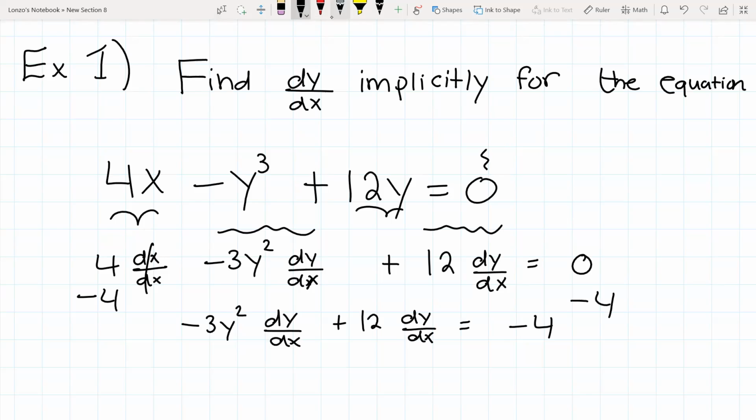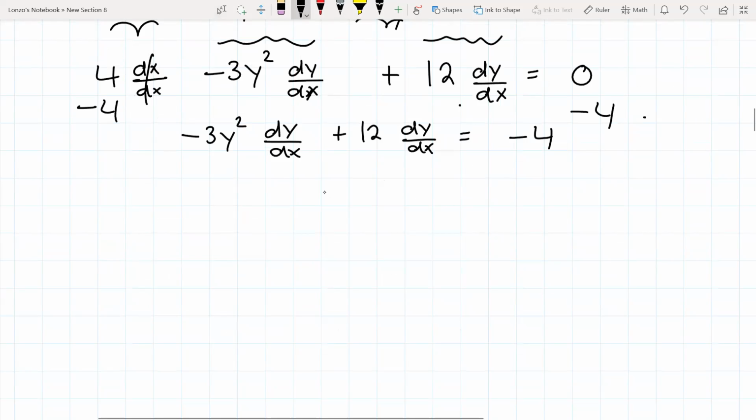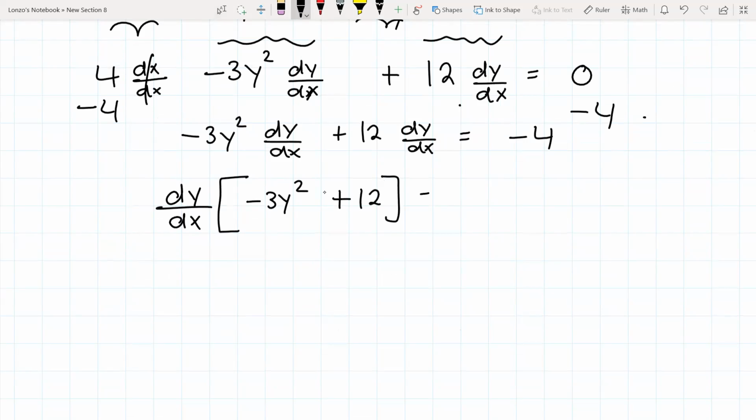Then what you want to do is solve for dy dx. I would factor out a dy dx. So this would be dy over dx times negative 3y squared plus 12, and this is going to be negative 4.